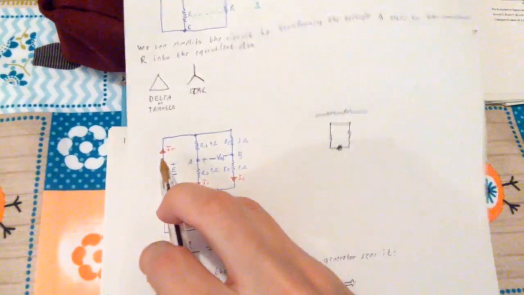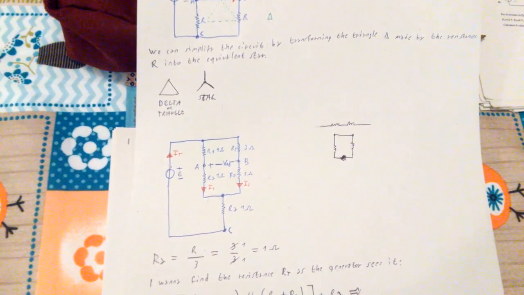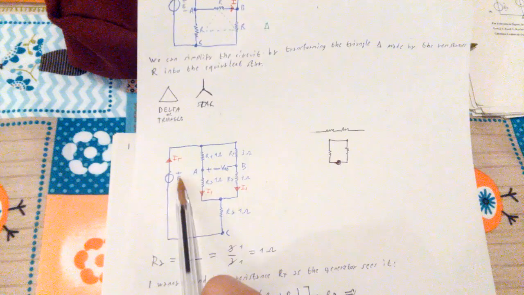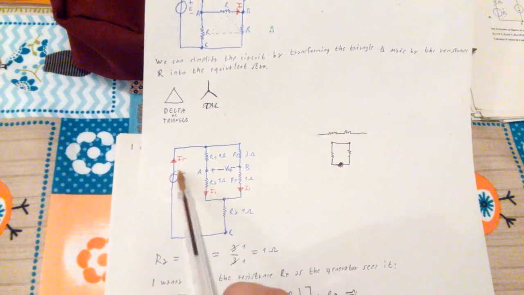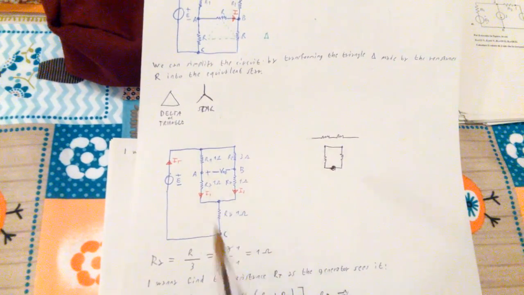So this is basically the reason why I wrote IT here, right next to the generator. I want to find the total current that the generator is basically producing, the current that is flowing.